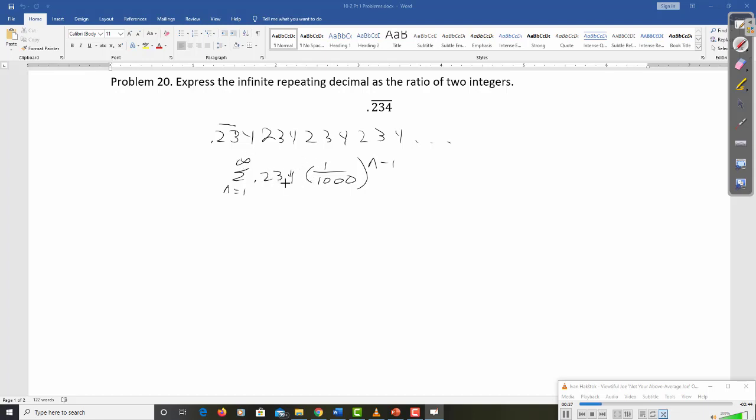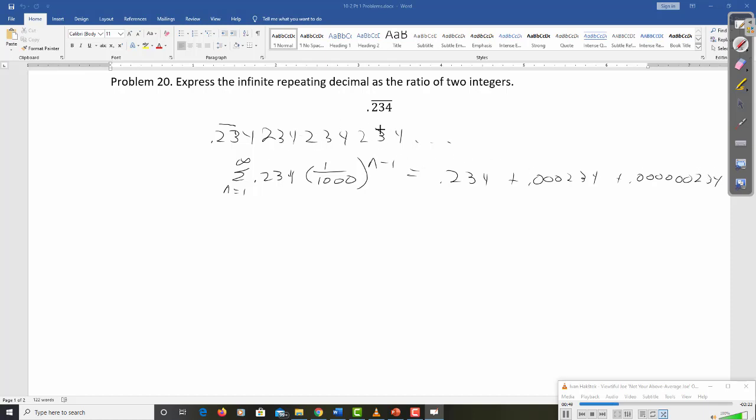Because the first one will be 0.234, which is the first 3. Then times 1/1000th will be 0.000234. So 0.234 plus 0.000234 plus 0.00000234.